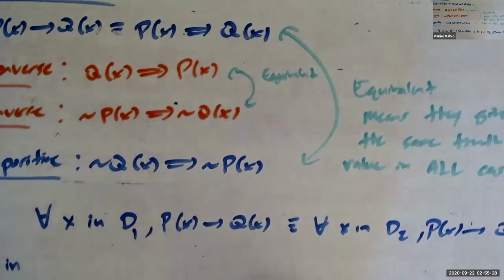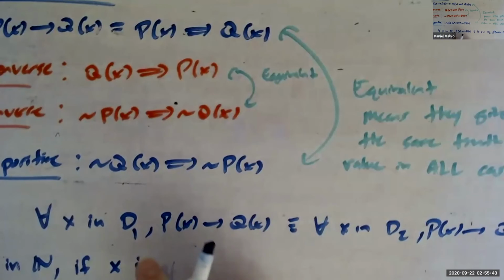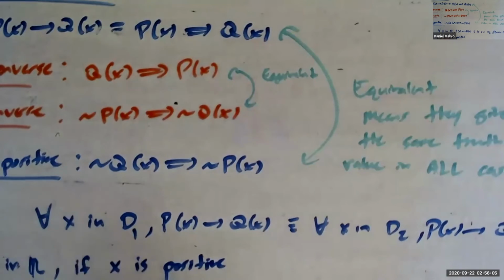For all x in the natural numbers, if X is positive, then, or I'll say for all X in the real numbers, if X is positive, then the square root of X exists.